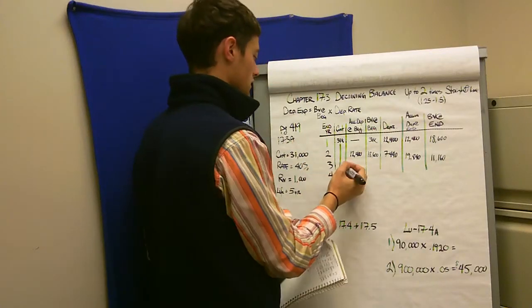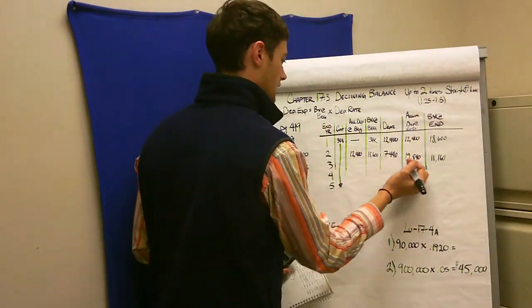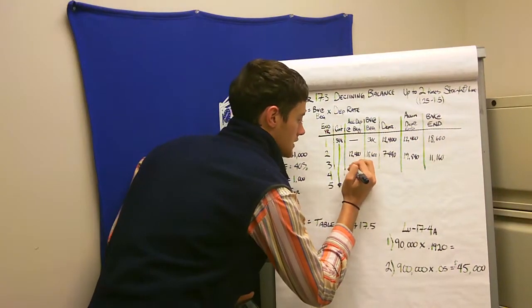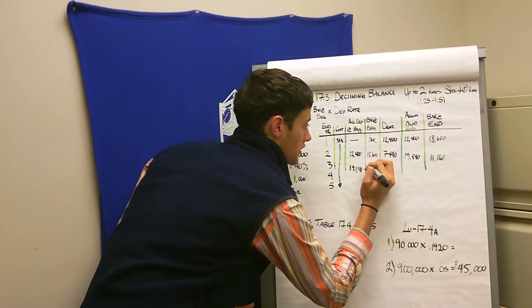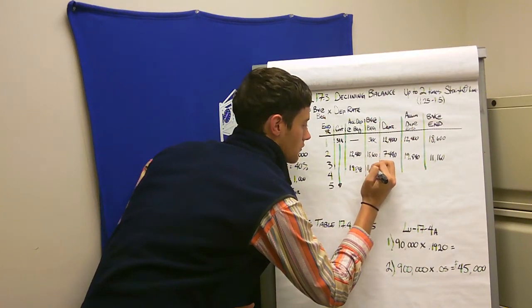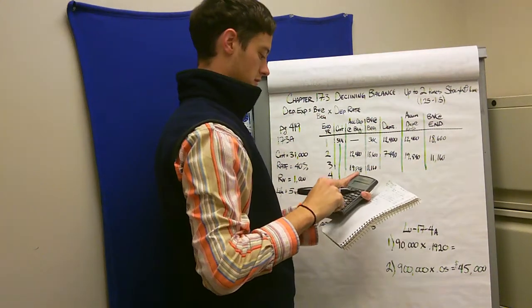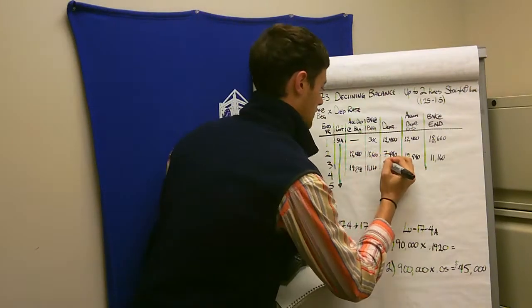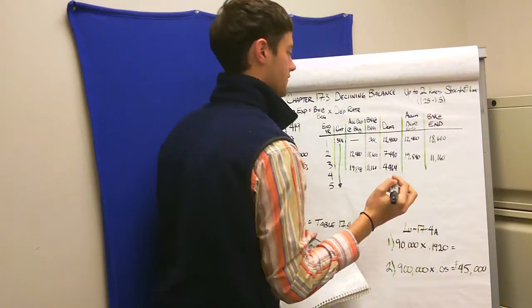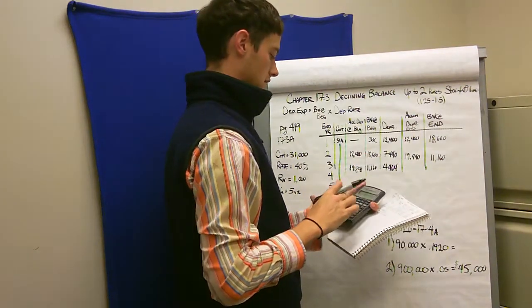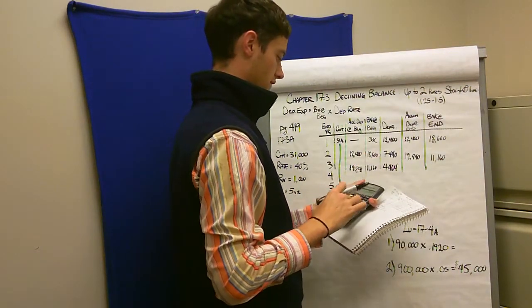It told us to do 3 years, so let's bring that on down. So our accumulated is 19,840. Our book value is 11,160 times 40%, 4,464. Then we add that to the 19,840.